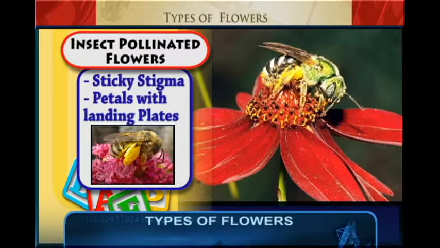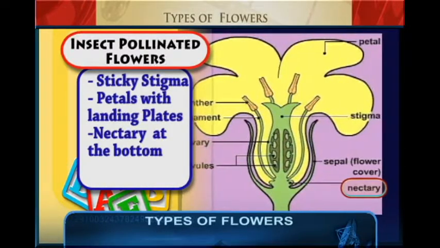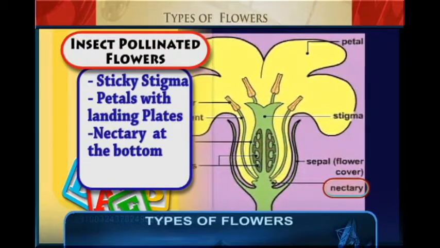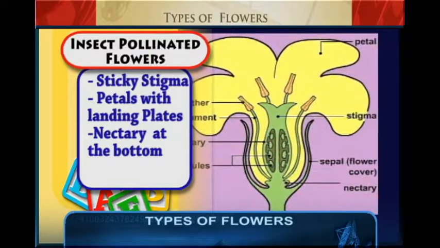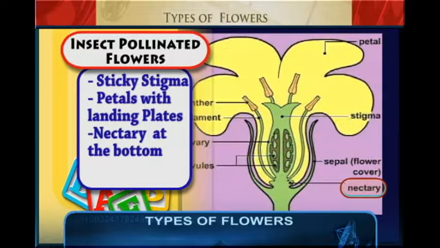Then the nectaries are at the end of the long corolla tube, such that the pollinating agent can go and pick the nectar, and then it can pick up the pollen, and when it is coming out, the pollen can be attached to the stigma surface.